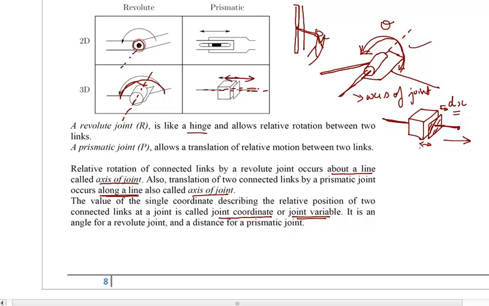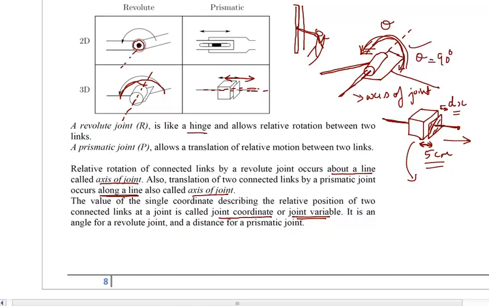So if this has moved, let's say 5 centimeters, then I will say that this is a prismatic joint, and this prismatic joint has a joint variable, currently meaning at this time, the joint variable value is 5 centimeters. For the case of a revolute joint, I will say that the current joint variable has a value of theta equal to 90 degrees.